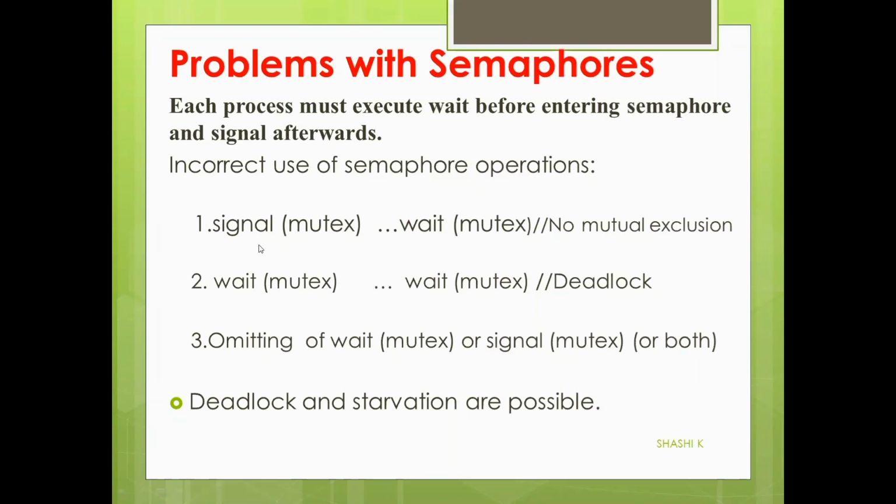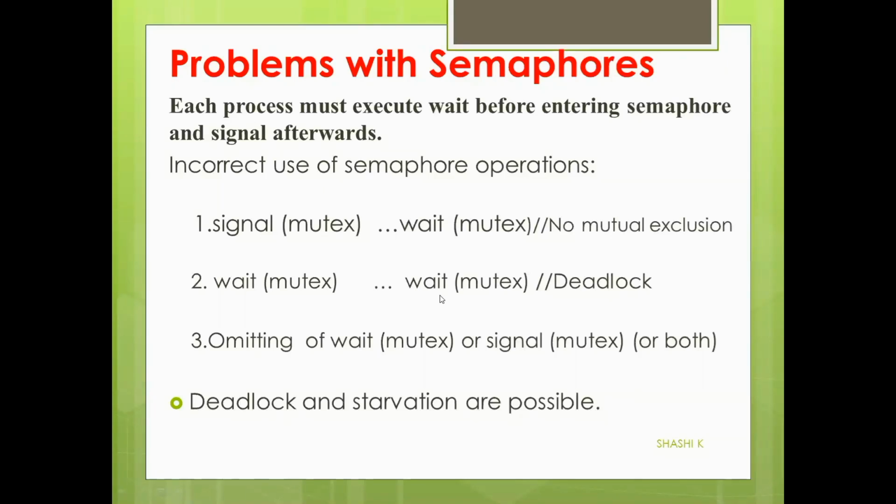What happens in the first case is all the philosophers will be able to enter the critical section, because signal is put in the beginning, right? So if the value of the mutex semaphore is not equal to 0, anybody can enter the critical section. So all philosophers may end up in the critical section simultaneously, and so it will not guarantee mutual exclusion.